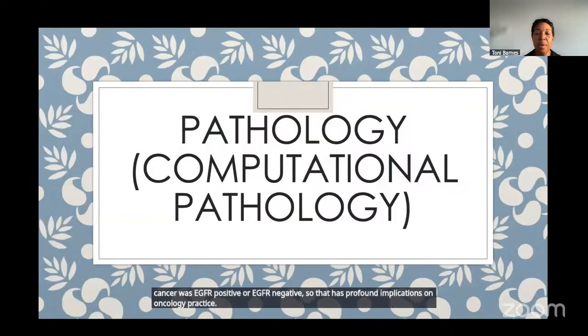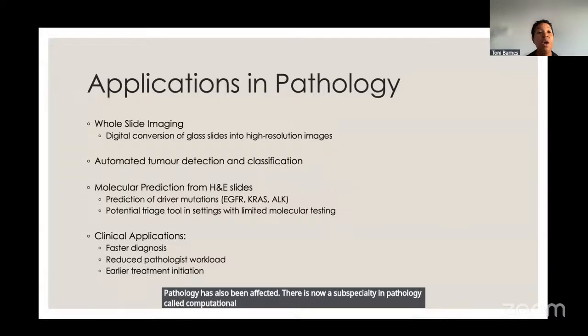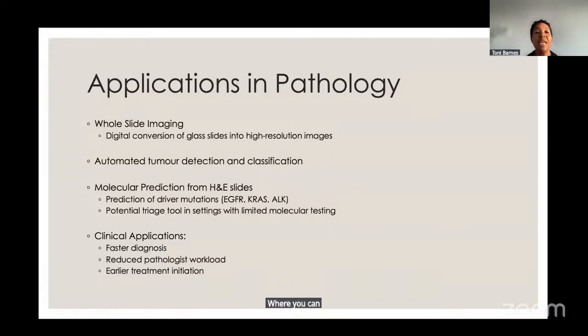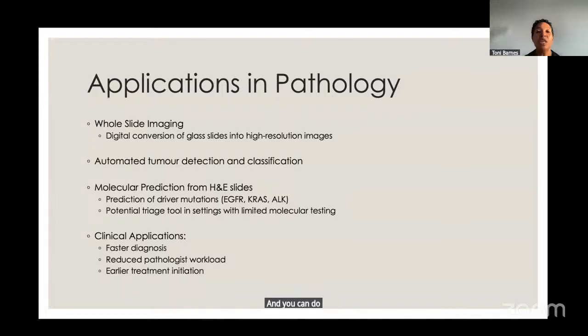Pathology has also been affected. There is now a subspecialty in pathology called computational pathology, where you can do whole slide imaging assessment. Instead of having a physical slide, we're able to digitize our glass slides into high resolution images. This has been done in the past, but now with the application of AI, we're able to automatically detect tumors on those high resolution images, and you can do prediction from H&E slides.